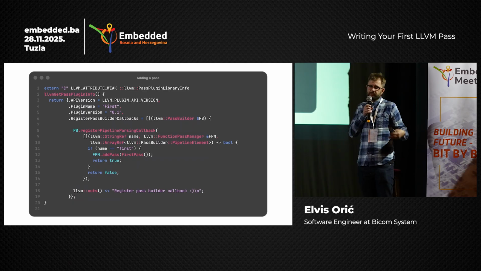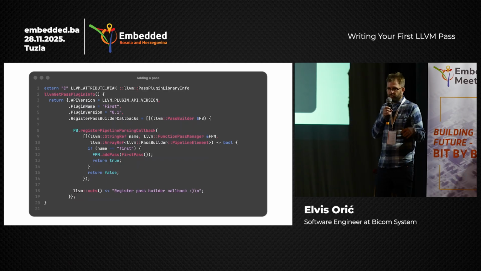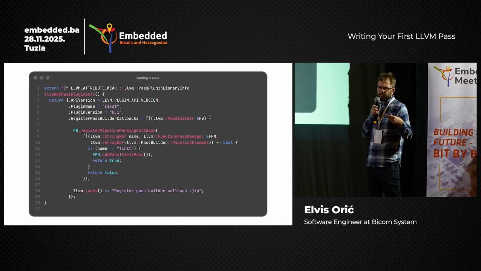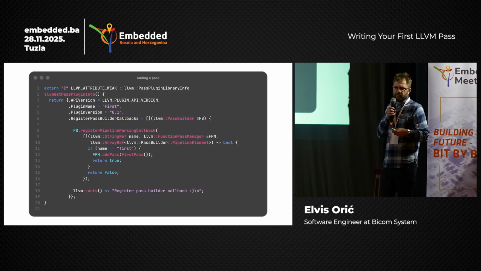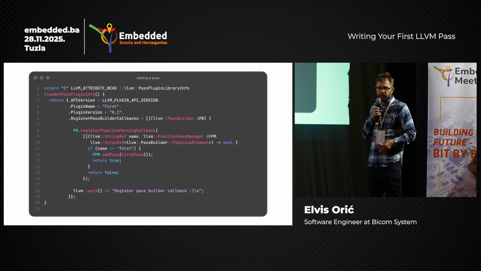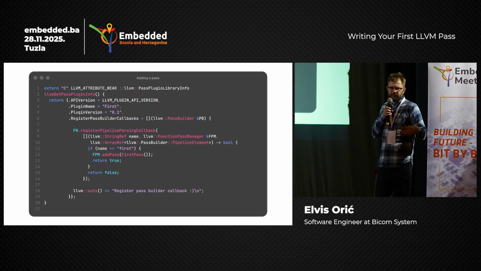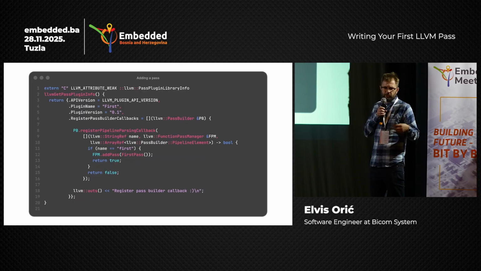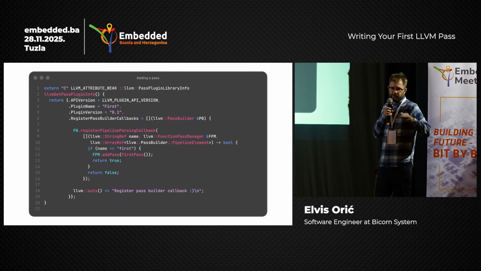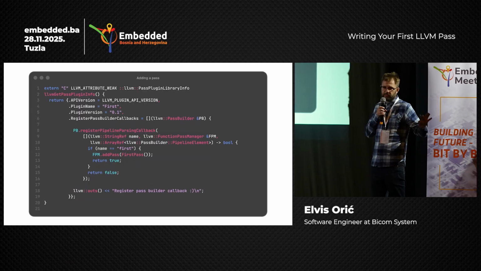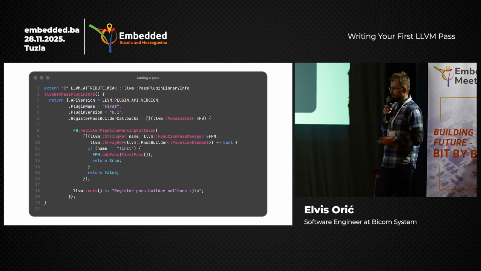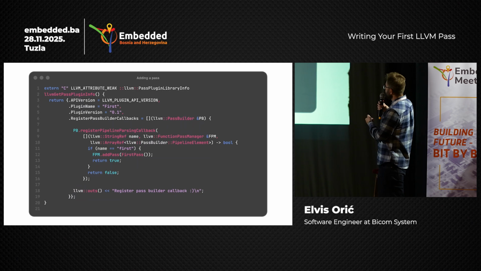We have three different types of passes. We can write a pass on a function, on a whole module, and also, optimizations are so common on loops that there is a specific pass for loops. So we can do a lot of different things there.